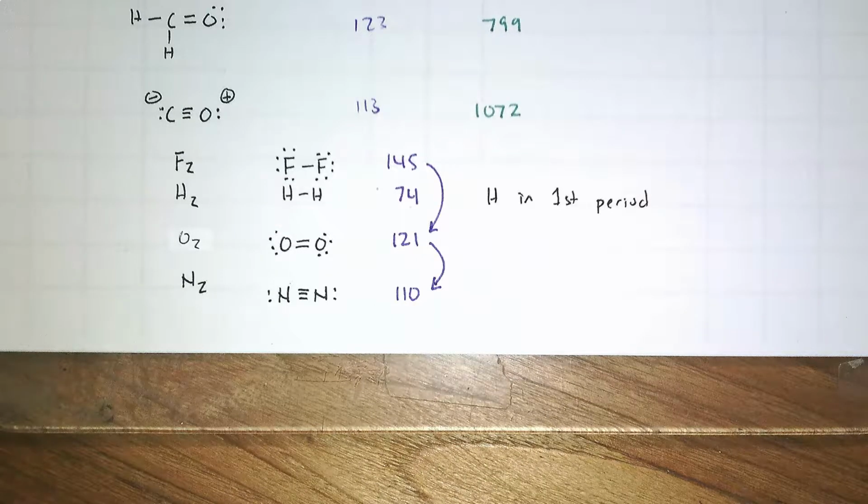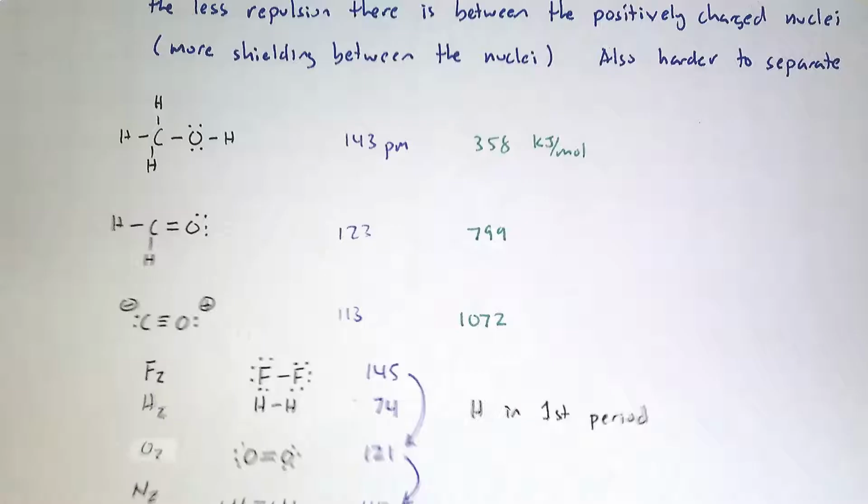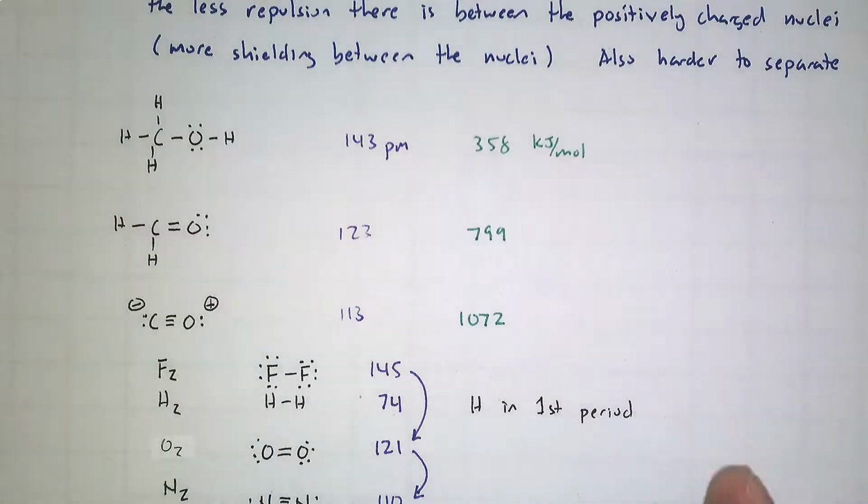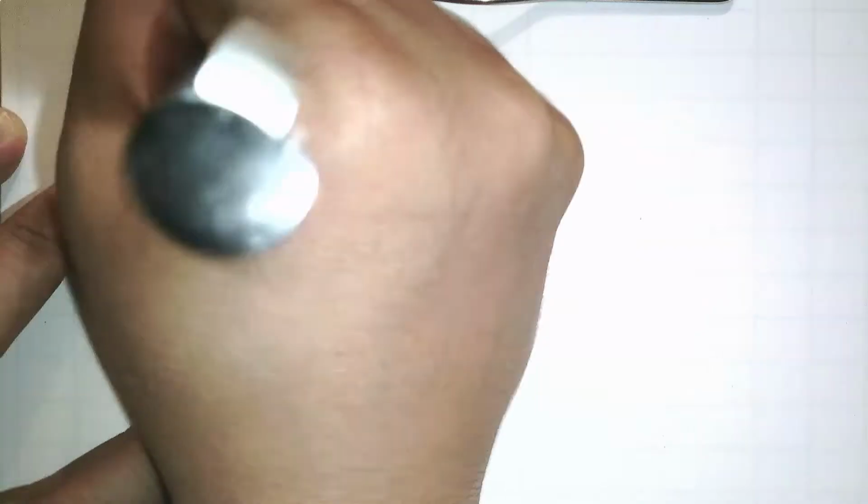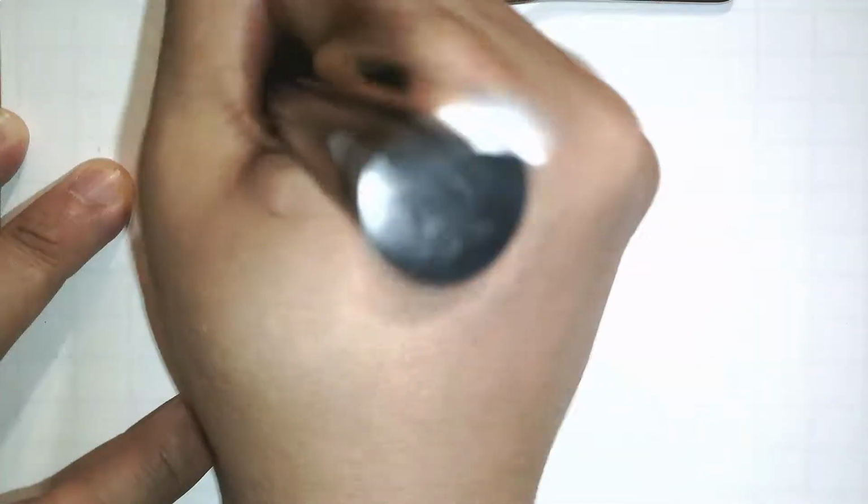Okay, this is going to be a short video, but there is one last thing I want to discuss, because now that we have a good picture and several examples of single bonds, double bonds, and triple bonds and how they differ, there's a property called bond order. I'm going to talk more about bond order in a future video, but I want to introduce it here.